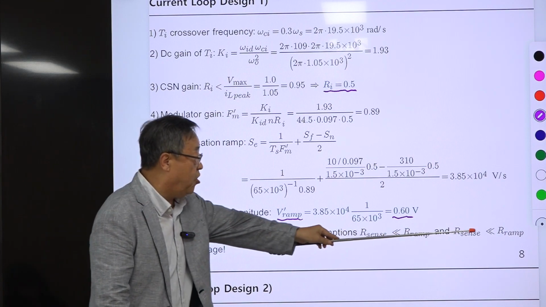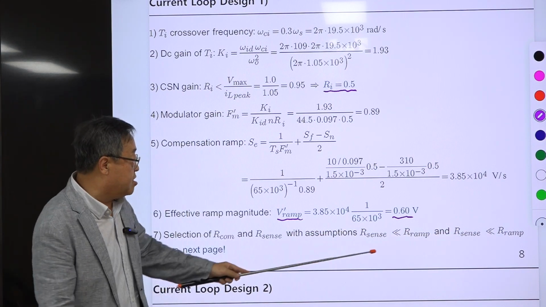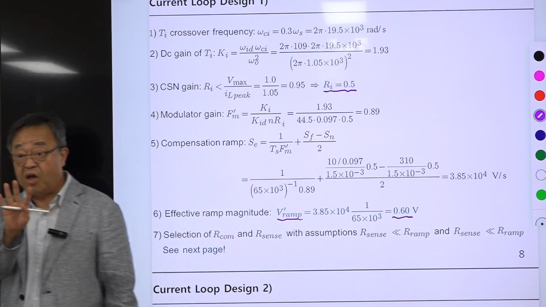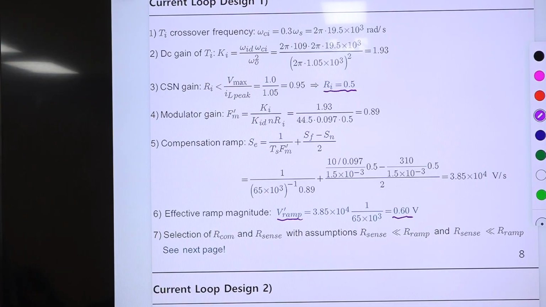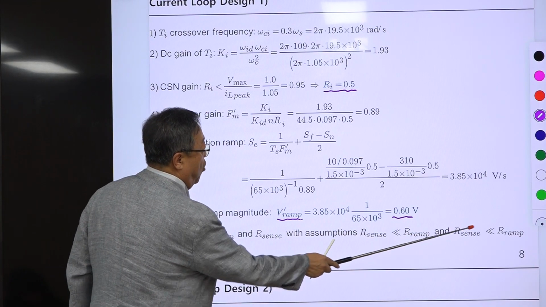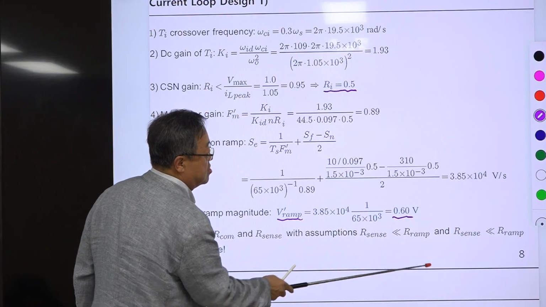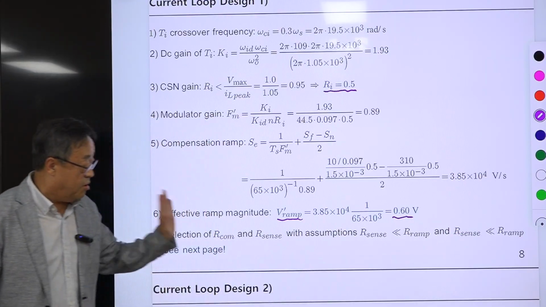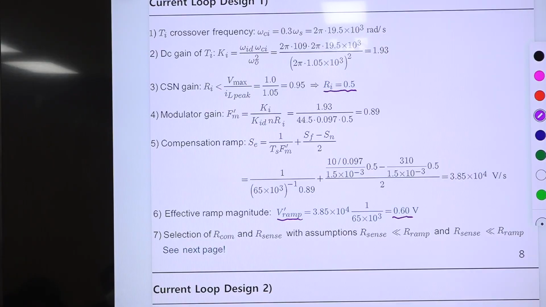With this assumption, this is obvious. This Rsense is very small, otherwise you will suffer from excessive ohmic loss. To avoid that, it's sufficiently small, 0.5 something. And this is some tens of kilo ohms usually.